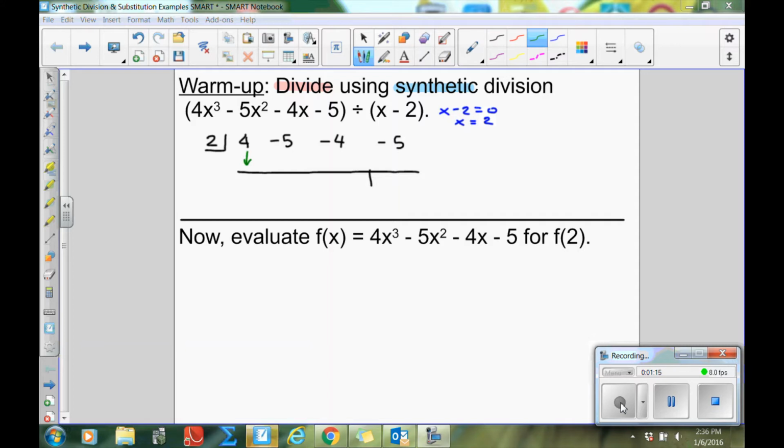Bring down, multiply by 2, add, multiply by 2, add, multiply by 2, add.